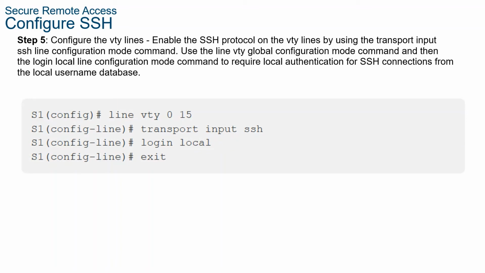This configuration prevents non-SSH connections such as Telnet, and limits the switch to only accept SSH connections. Now use the line vty global configuration mode command and then the login local configuration mode command to require local authentication for SSH connections from the local username database.